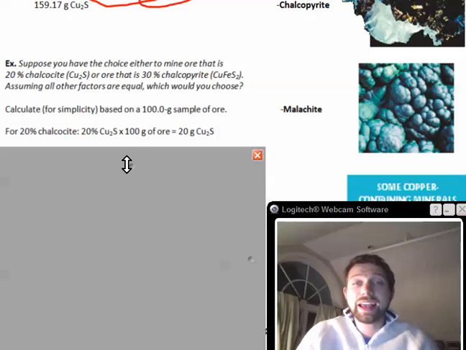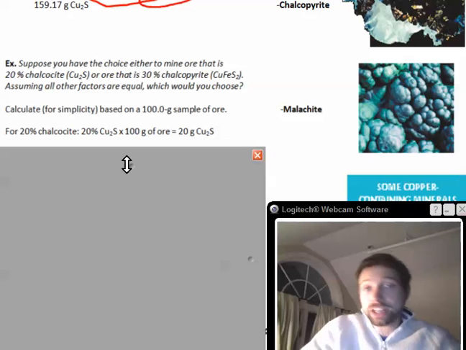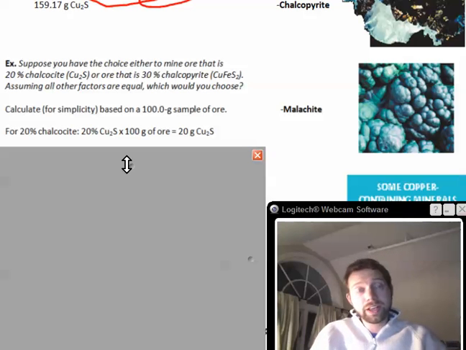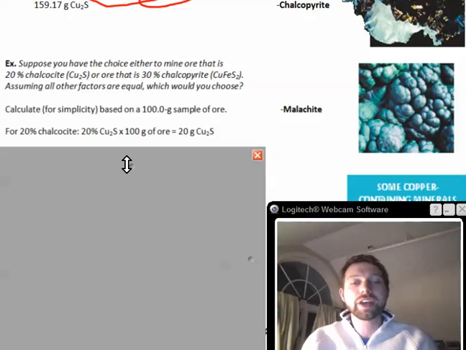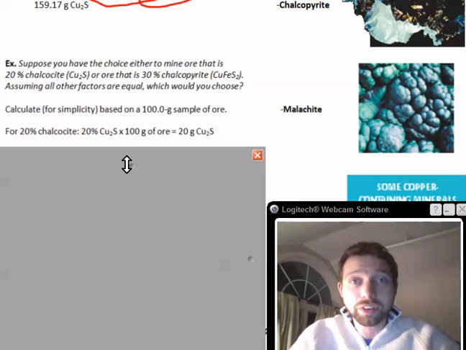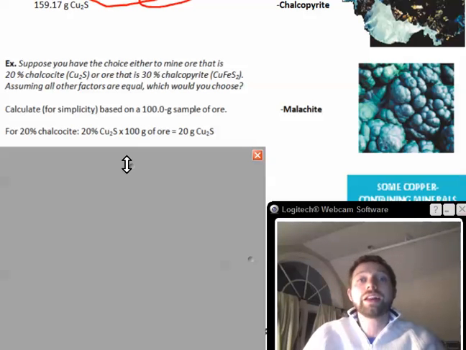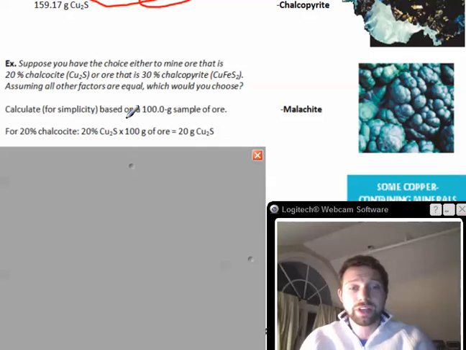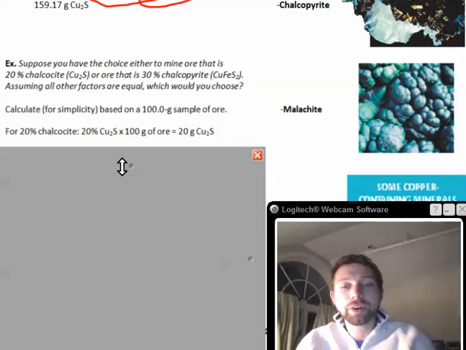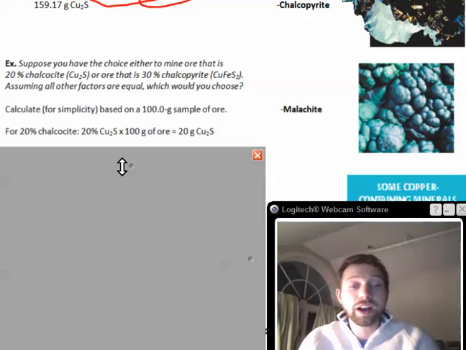That would be about 20 grams of chalcocite. We use 100 grams for simplicity, just to keep the numbers nice and easy to calculate in the beginning. So we have 20 grams of copper sulfide or chalcocite.